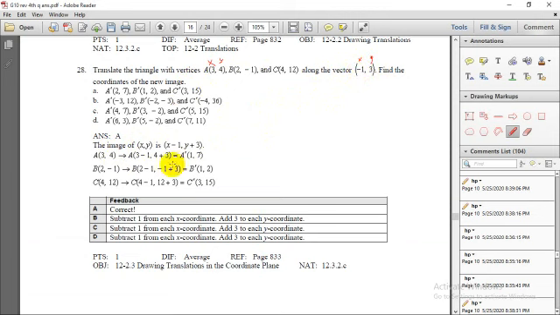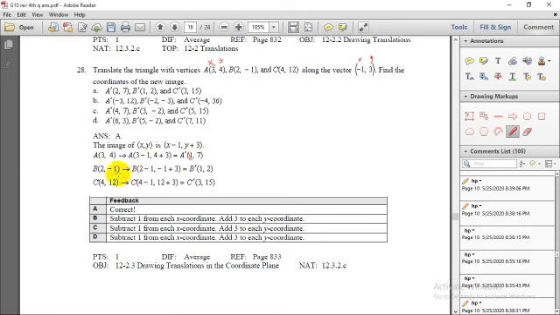Okay, very good. So, let's take A, 3 and 4. So, 3 minus 1 is 2, and 4 plus 3 is 7.